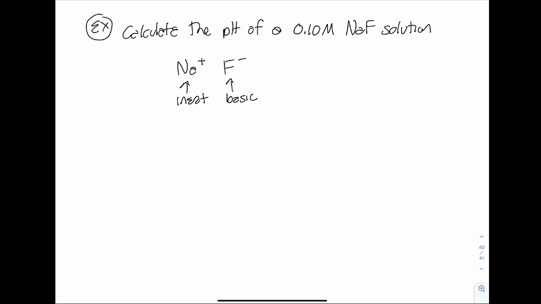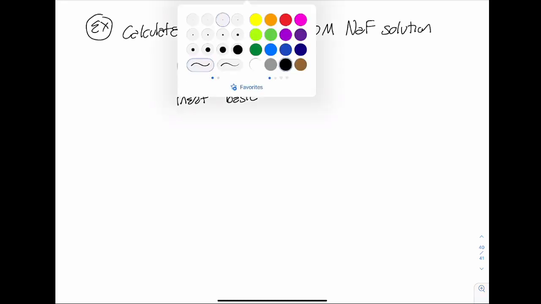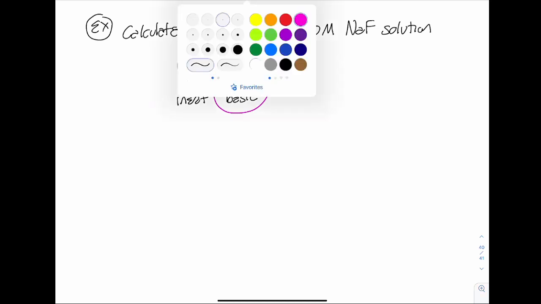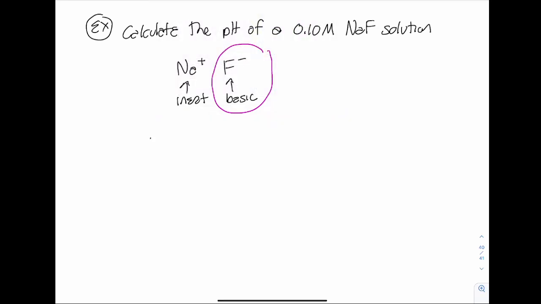Because the sodium ion is inert, we're just going to ignore that part. The part that matters, the part we need to solve the problem, is this. So we're going to write our base dissociation equilibrium equation, and that's what we're going to use to solve for pH.